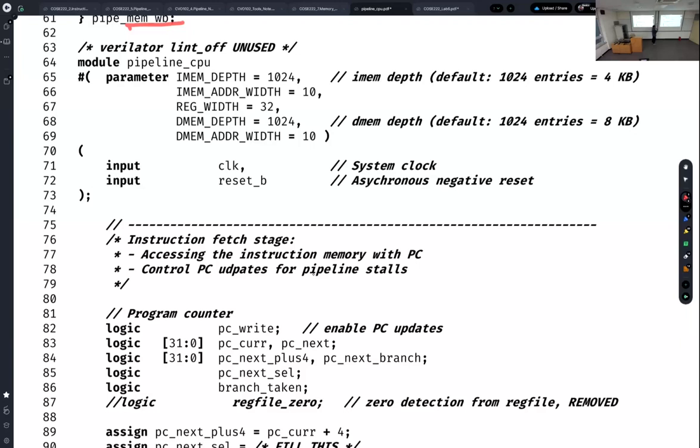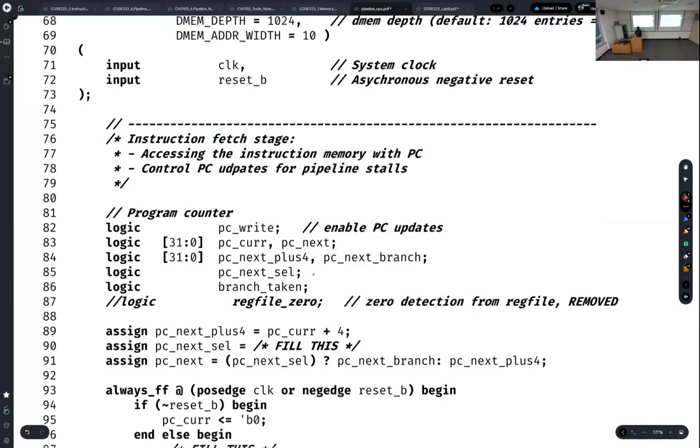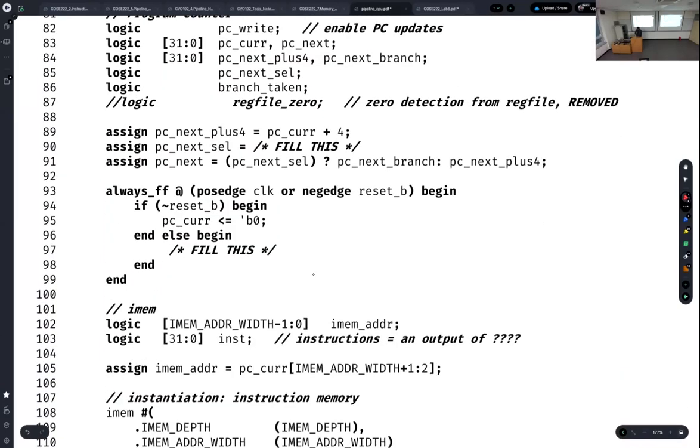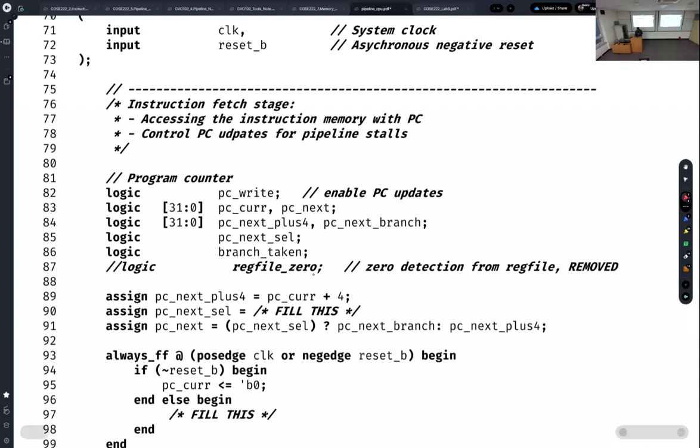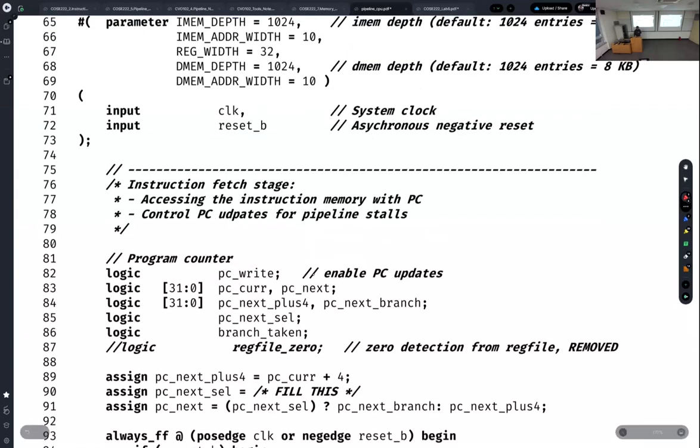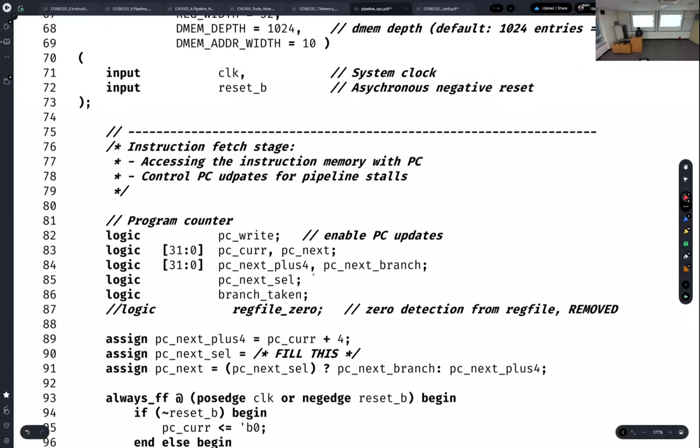You can find the pipelined CPU.sv. So please read the comments from this skeleton file. Kindly, I just added some descriptions.